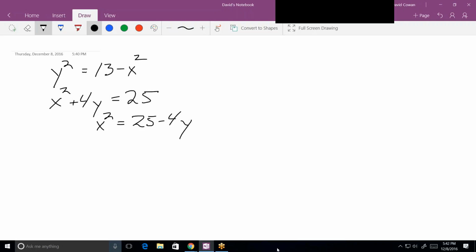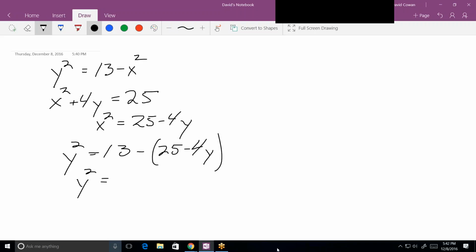And that gives us y squared equals 13 minus, parentheses again, make sure, 25 plus 4y. Make sure you use the parentheses because when I remove them, it's going to change the sign on that. So it would be y squared equals 13 minus 25 plus 4y.